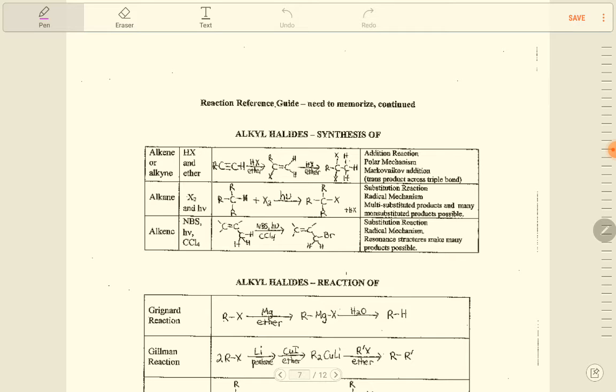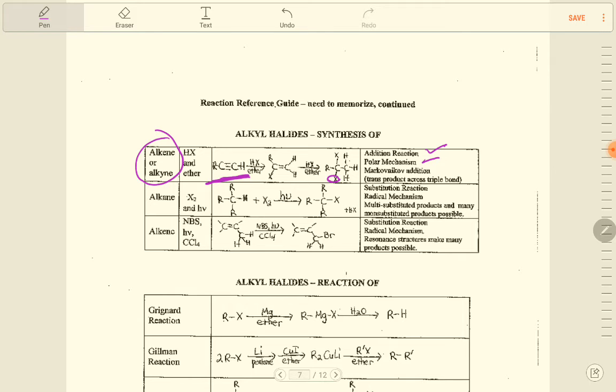synthesis. How do you prepare alkenes or alkynes? And so basically, this is a C triple bond C compound. First, we need to do an addition reaction. So we have to add HX, and then it's a polar mechanism, and we can add Markovnikov, and we can add that X here.